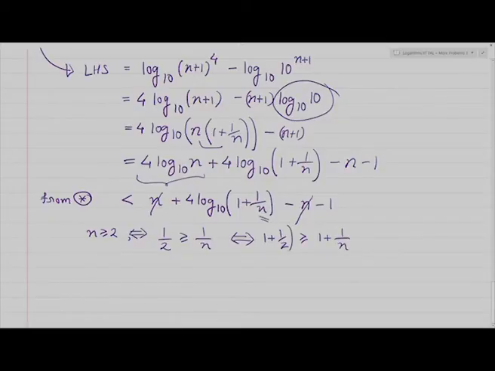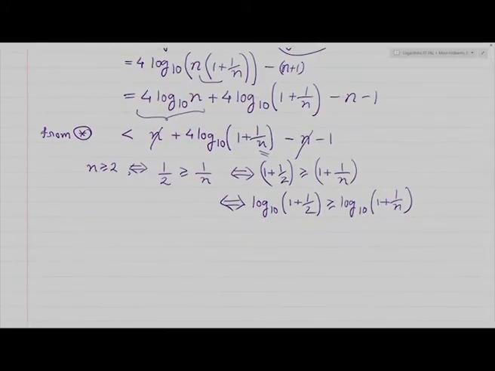If this condition is satisfied, then what can I say about log? We have already seen several times, I can take log to any base, this relation will be satisfied. Do you all agree with me?